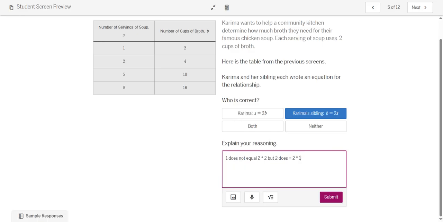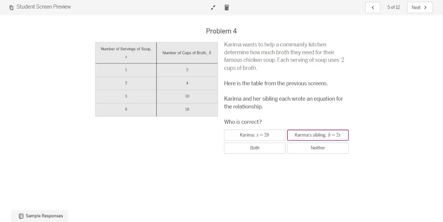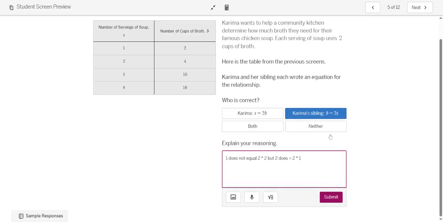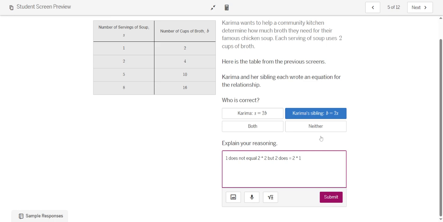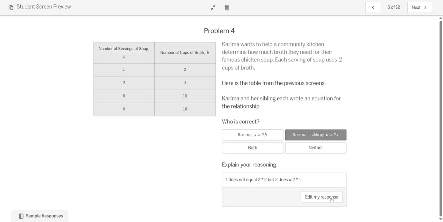So when I look at it in this one, B equals 2 times S, and that really shows me that S is the independent variable, because 2 times it is going to equal what B is, and B depends on what S is.